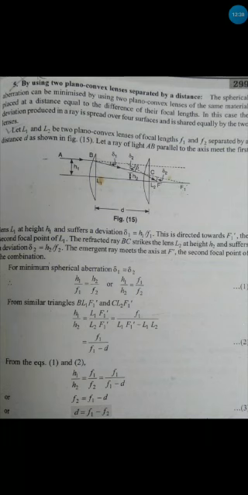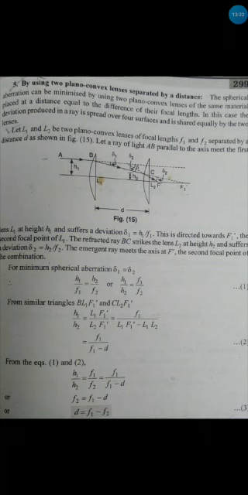Therefore, h1 by f1 equals h2 by f2, which implies h1 by h2 equals f1 by f2. But in the figure, the triangles B L1 f1 dash and C L2 f1 dash are similar triangles. Therefore, h1 by h2 is equal to L1 f1 dash by L2 f1 dash, which is equal to f1 by (L1 f1 dash minus L1 L2), which is equal to f1 by (f1 minus d).